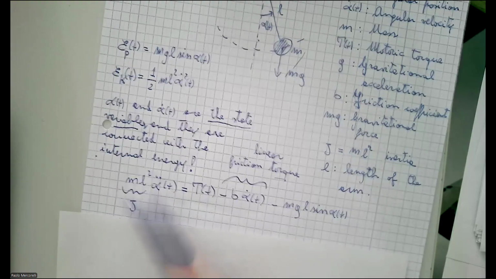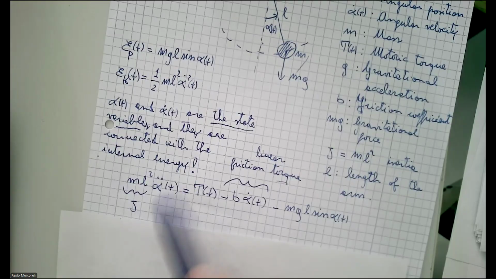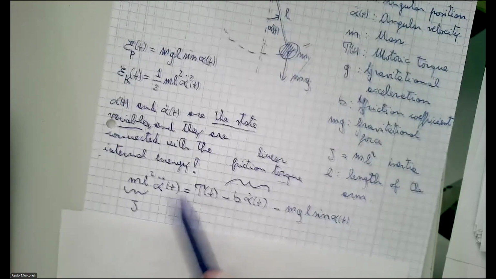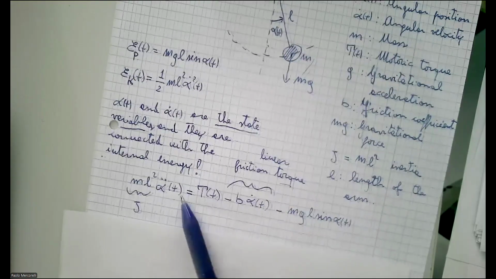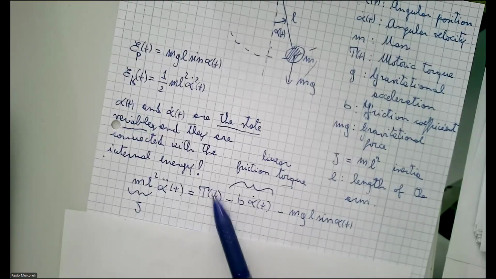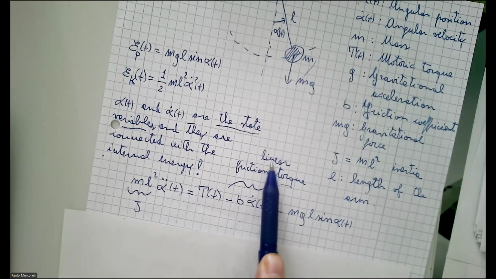You remember the inertia from high school, the inertia multiplied by the acceleration, in this case the angular acceleration. This is basically the Newton balance, in terms of torque, equal to the input torque minus the friction torque, which is linear in our representation.